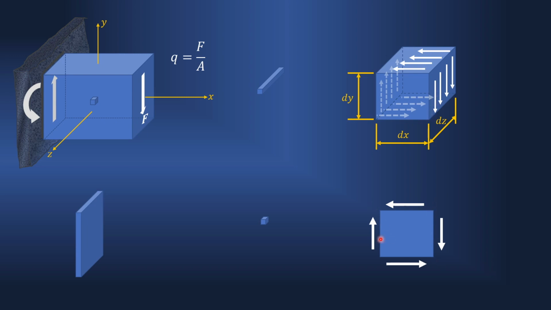So on the X plane it is clockwise shear and on the Y plane it is anti-clockwise shear. That is called complementary shear. The shear stresses on two perpendicular planes have the same magnitude but opposite nature. They complement each other to maintain equilibrium of the body.